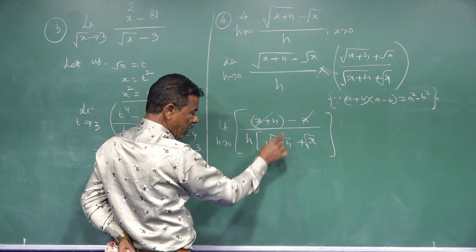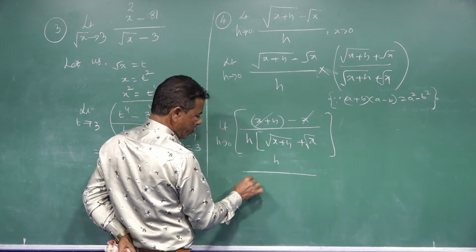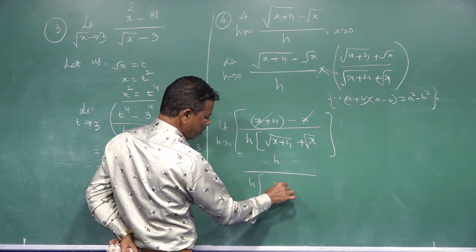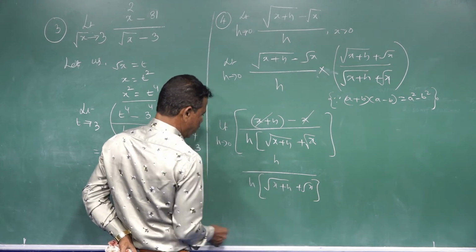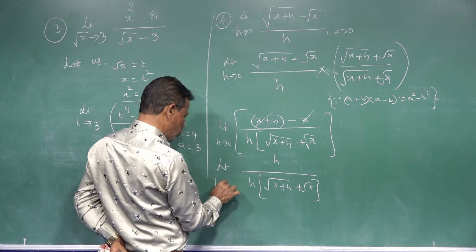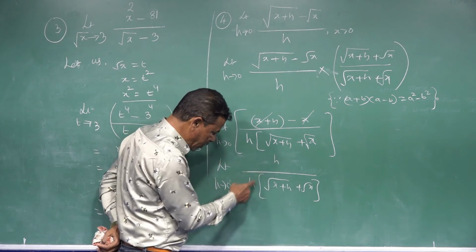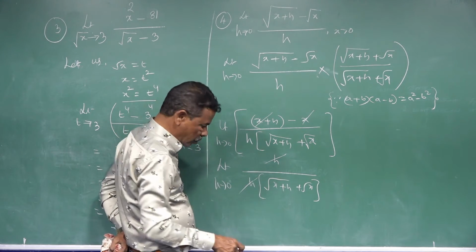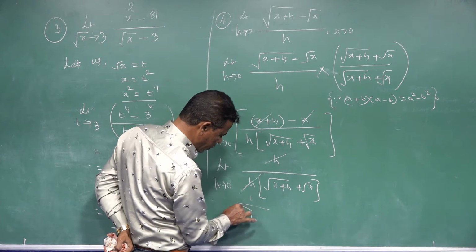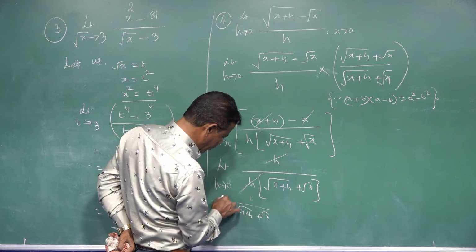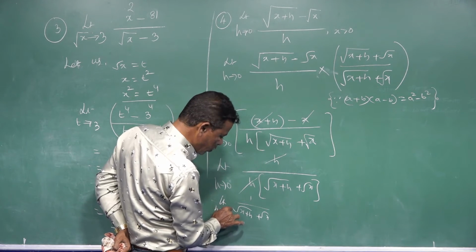Remaining numerator only h, division of h, multiplication root of x plus h plus root x. Here h both are cancelled. So remaining 1 by root of x plus h plus root x, where limit h tends to 0.